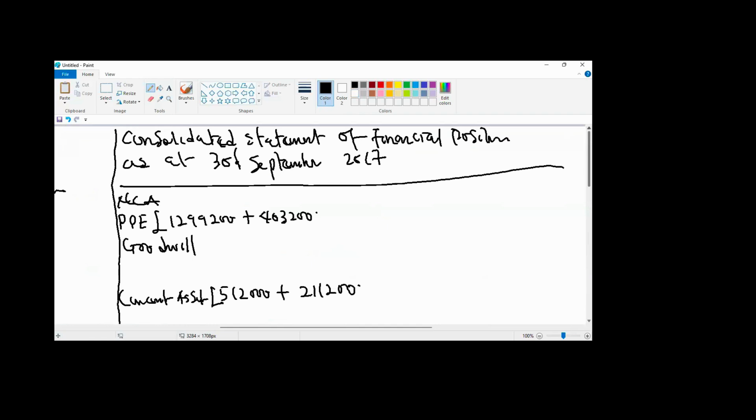So the question says, on 1st April 2017, what happened on that day? Acquire 60%. Oh, date of acquisition.